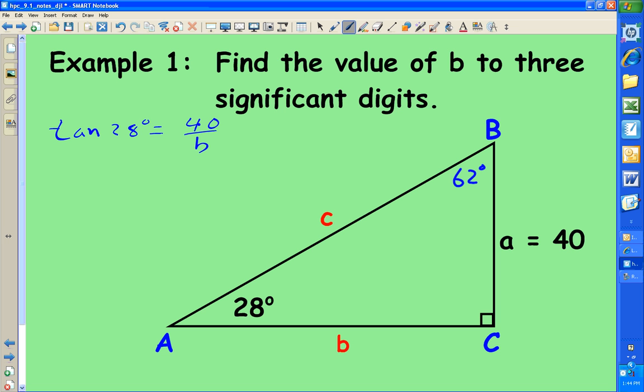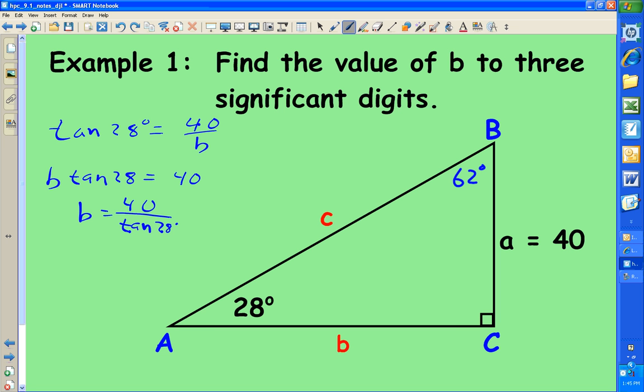In order to solve for b, you're going to multiply by b. B tan 28 equals 40, and b equals 40 divided by the tangent 28.